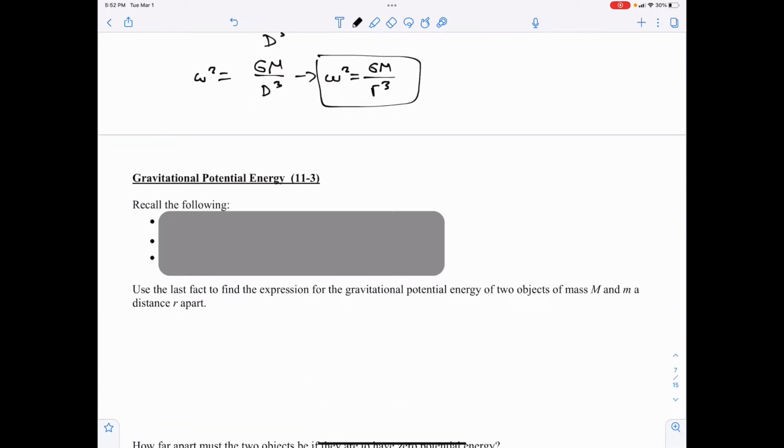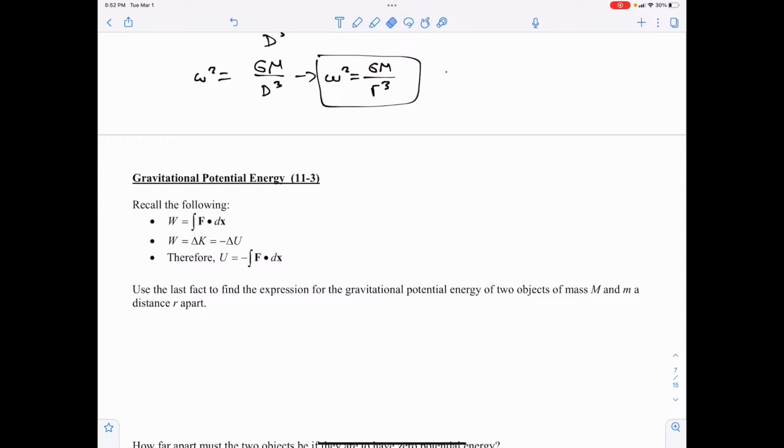Section 11.3, gravitational potential energy. Recall the following: that work is the integral of force dx. Remember, work is equal to a parallel force times distance. Now, this would be a variable force function. This is a constant force.